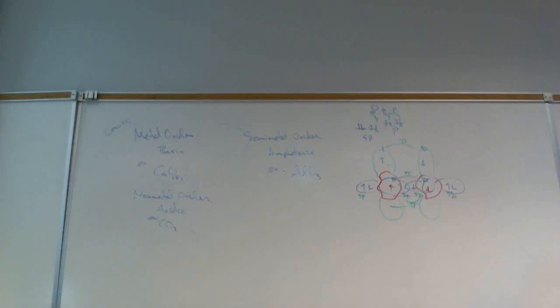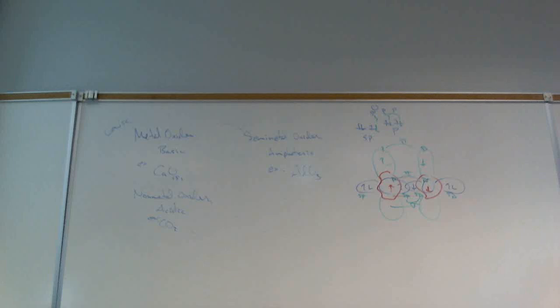So what else? The Z effective for iron? Well, a simple way to calculate Z effective is take Z minus the number of core or inner shell electrons.